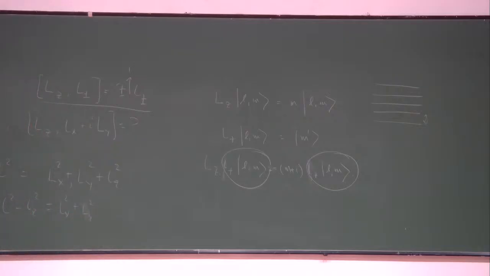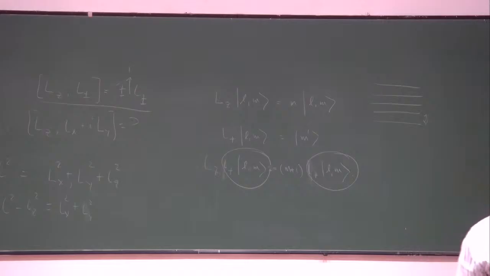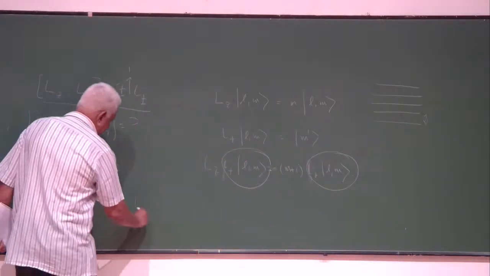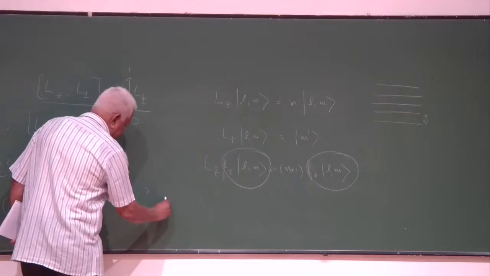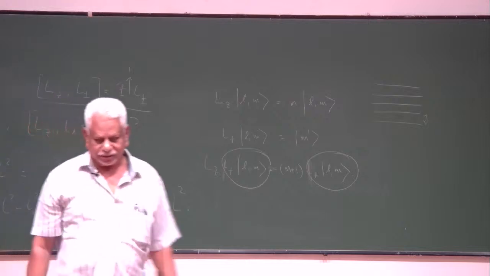It's a simple relation, which says L square minus Lz square should be positive, which means Lz square cannot exceed L square, otherwise it will become negative. So Lz eigenvalues squared are bounded by L square. It cannot go above that.